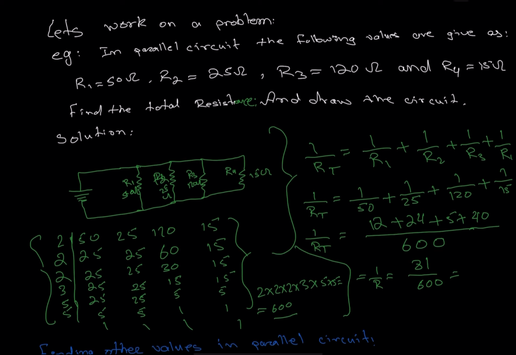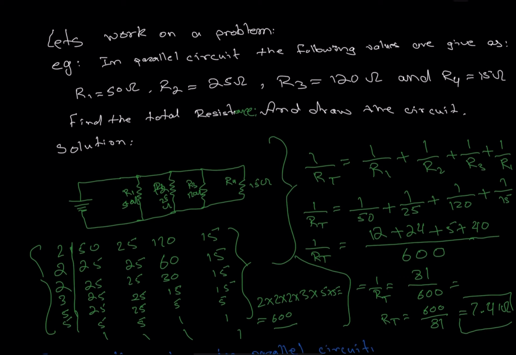Now flip both of them, reciprocate, so RT equals 600 divided by 81. 600 divided by 81 gives me 7.41 ohm. So that is my total resistance in this circuit. The total resistance is still smaller than the smallest resistor value in the circuit.